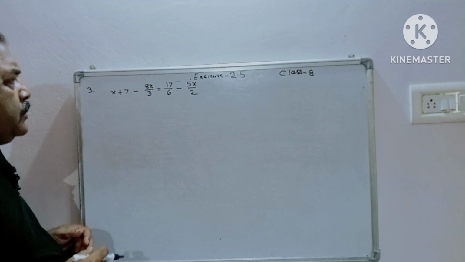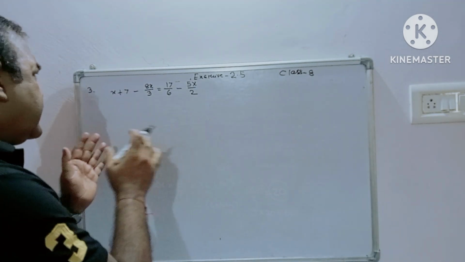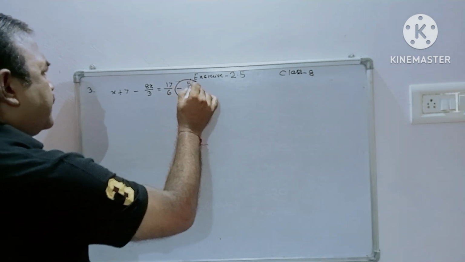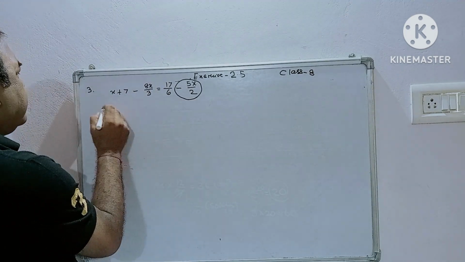So we have to bring the variables to one side. So we have to transpose minus 5x upon 2 to the left hand side of the equation.